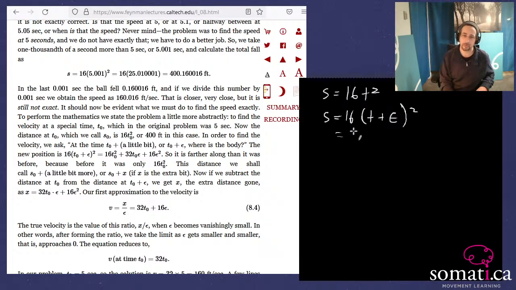Expand that out. That's 16 t squared plus 32 t epsilon plus 16 epsilon squared.